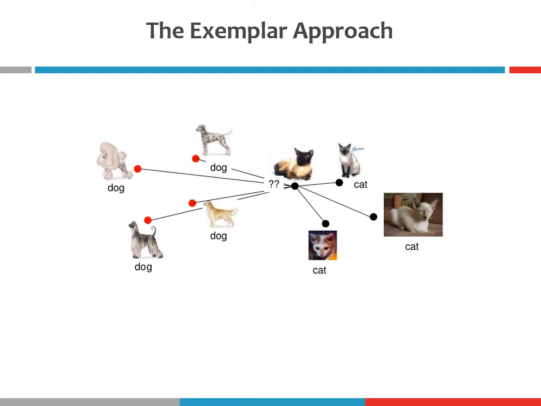So again, the idea with the exemplar approach is that whenever we see a new object, we are going to pull up all of the examples of a particular category that we've encountered in the past, and we're going to compare that new object to all of our previous examples. And new objects that are very similar to our stored examples are going to be categorized faster than new objects that don't have a lot of overlapping features with examples that we've stored.